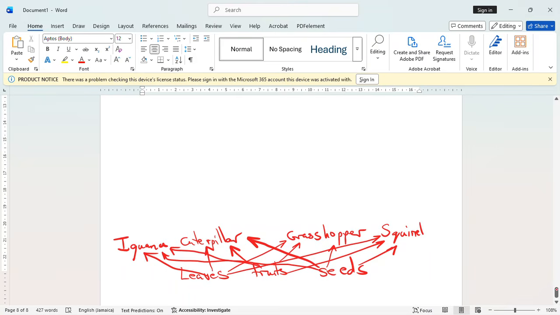So we have the great crested flycatcher. And they're eating the grasshopper, and they also eat the caterpillar.